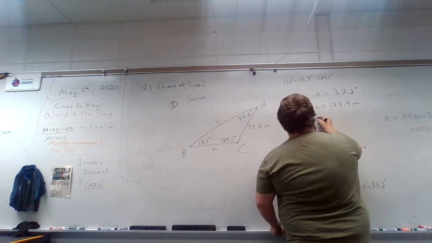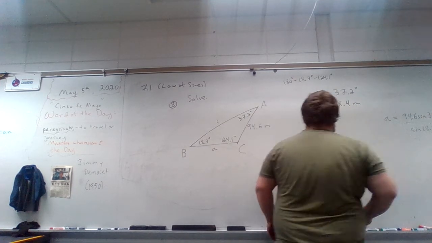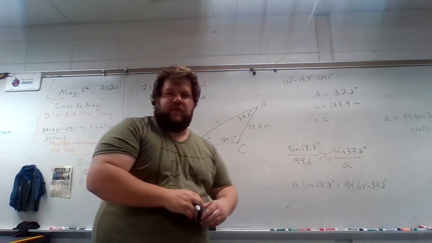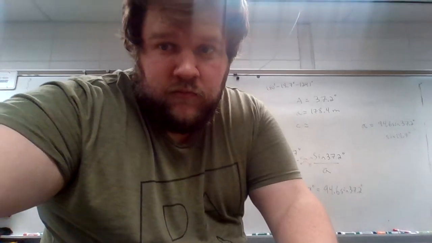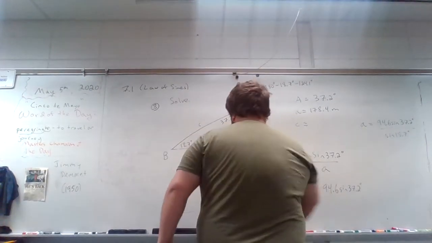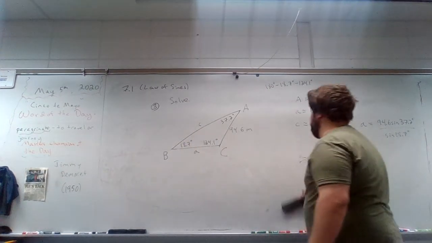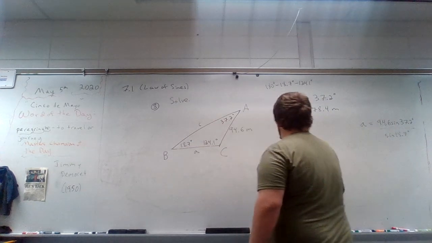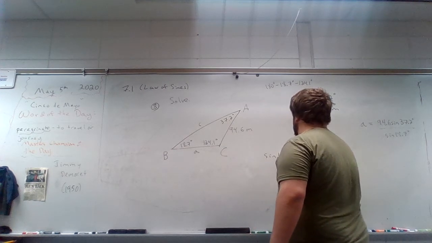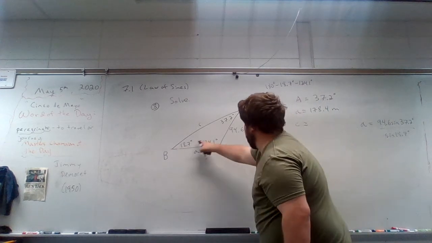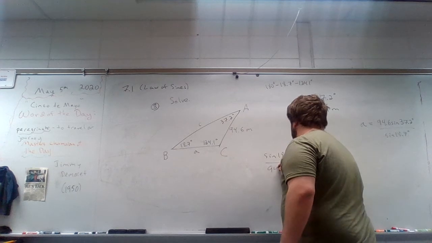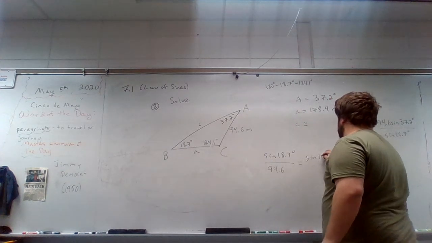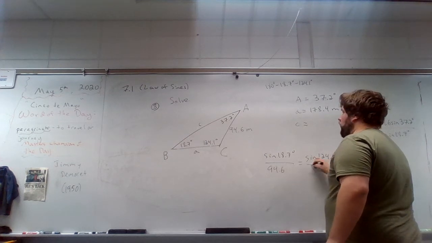Okay. What about little c? What is the equation for that one? You could use the same one here: sine of 18.7 over 94.6, and then sine of 124.1 over little c.